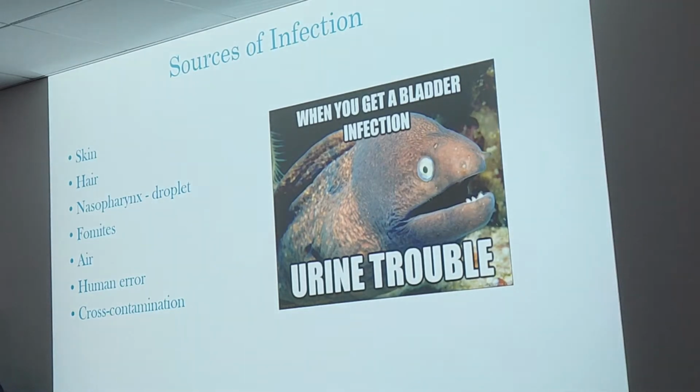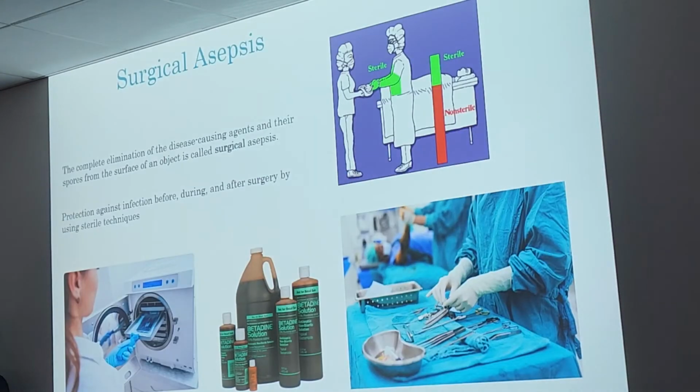We can get infection from the air, or through human error, or cross-contamination. Believe it or not, there's some nasty people out there, especially in healthcare. They might walk into a room wearing dirty gloves, come out of the room and start typing on the computer. All sorts of ways of cross-contamination. Did I go too fast?